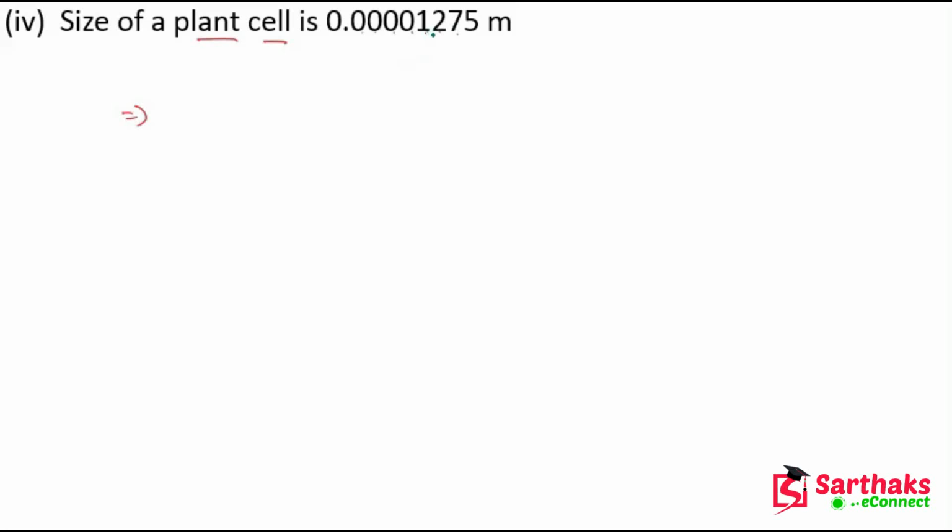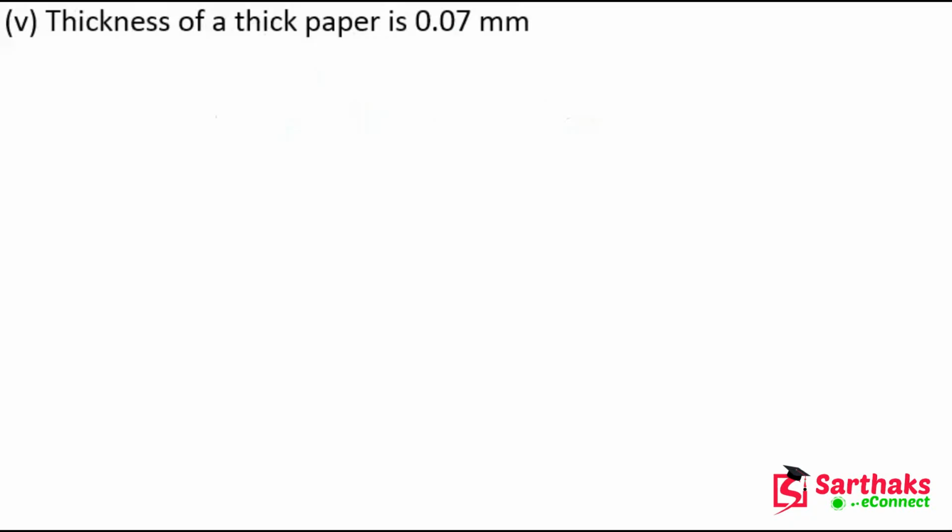Okay, so how many digits between this point and 2 are there? 1, 2, 3, 4, 5. So we can write 1.25 into 10 raised to power, yes, we can write minus 5 meter. This is the answer of this problem. Okay, my dear friends, I hope you understand these things.